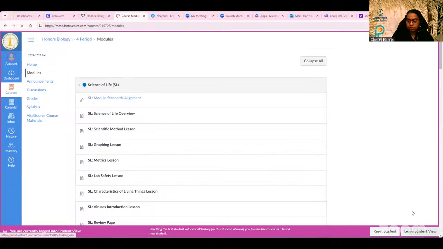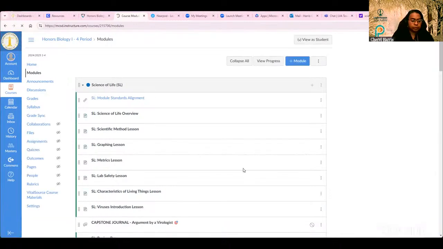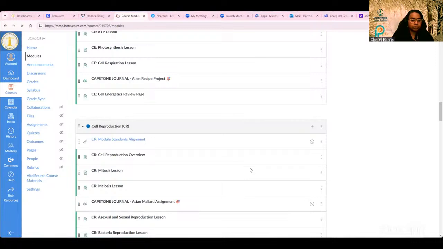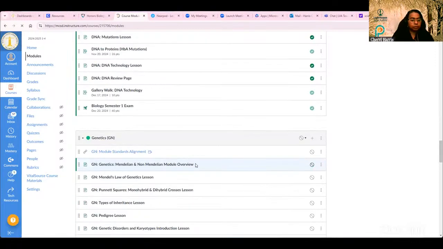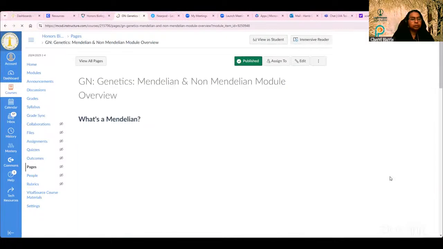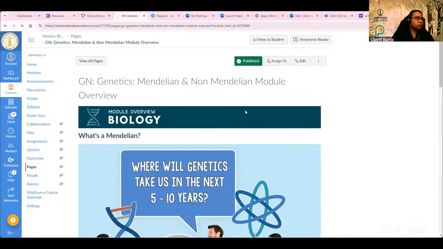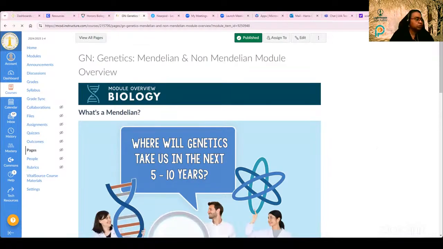The student view. It was published on my side, but let me know if it's not published on yours, because when I was just now looking at the student view, I didn't see this. This is what you should see.